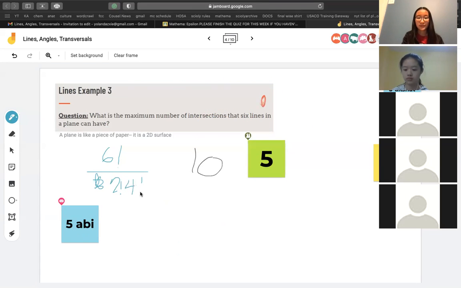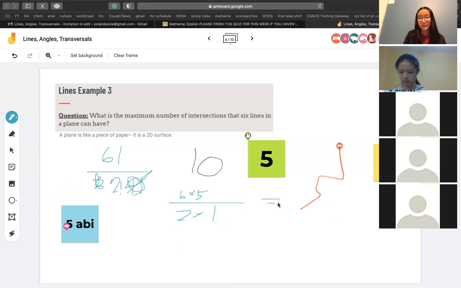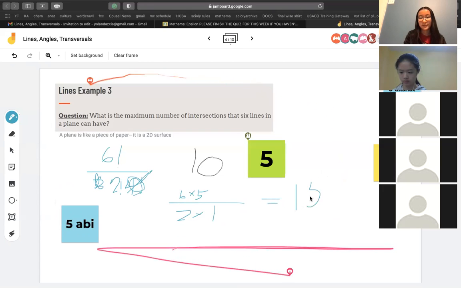And then if you write it out larger, you would have 6 times 5 times 4 times 3 times 2 times 1. And then the back end of that, the 4 times 3 times 2 times 1, cancels out with this. And then all you're left with is 6 times 5 divided by 2 times 1, which gets you the answer of 15 possible intersections.